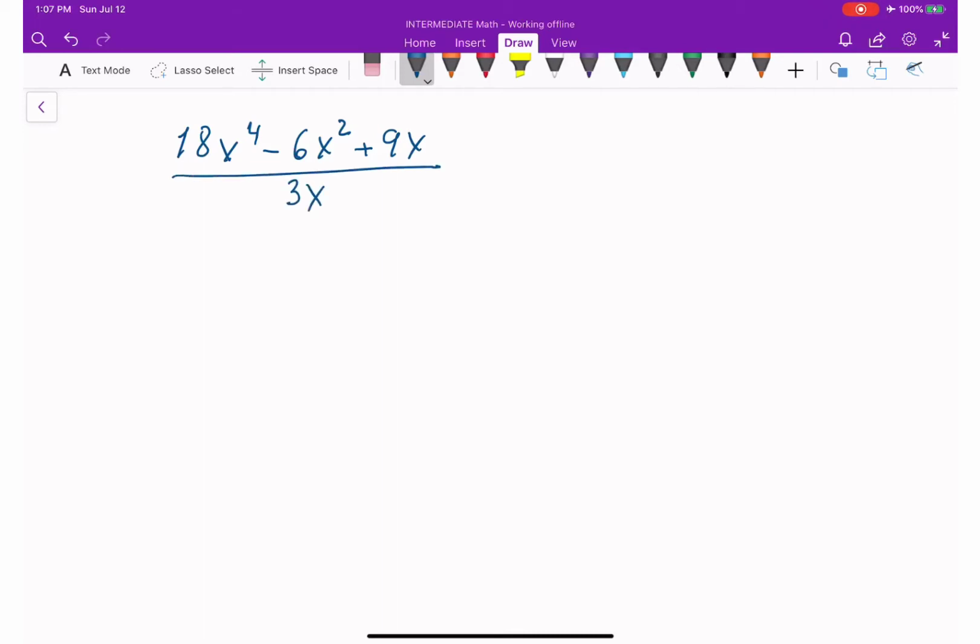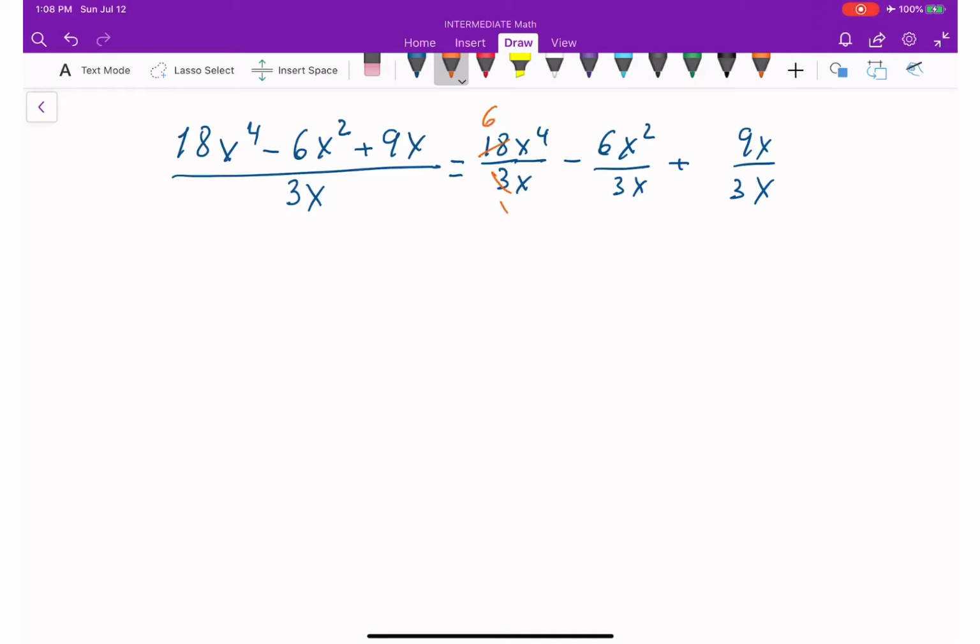So what realistically are we doing? We are taking 18x to 4 divided by 3x minus 6x squared divided by 3x plus 9x divided by 3x. Okay, so let's do it. 18x to 4 divided by 3x. 18 divided by 3 is 6.